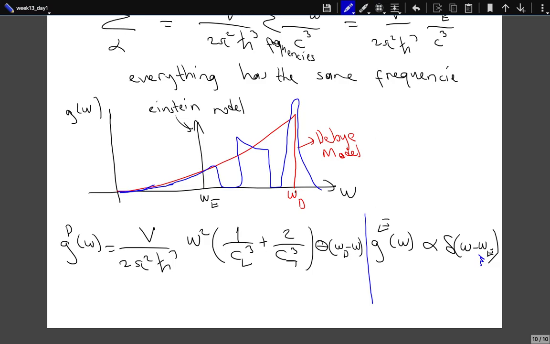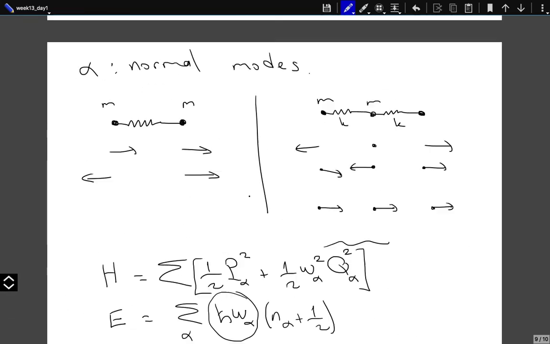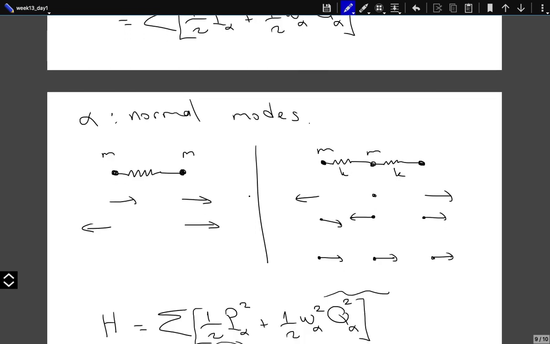Which cuts? Well, it depends on the crystal properties, on what elements you have in your system. You see, if you have a finite number of oscillators, you have discrete frequencies corresponding to normal modes.